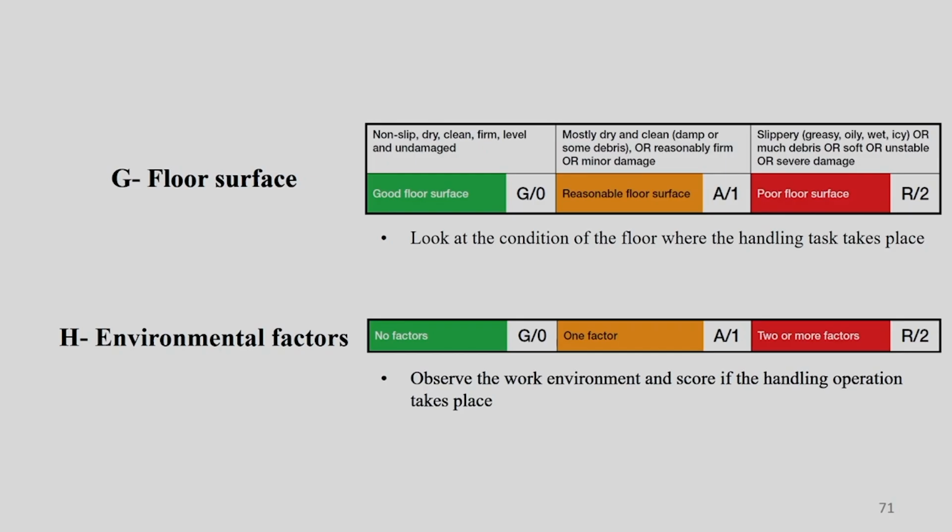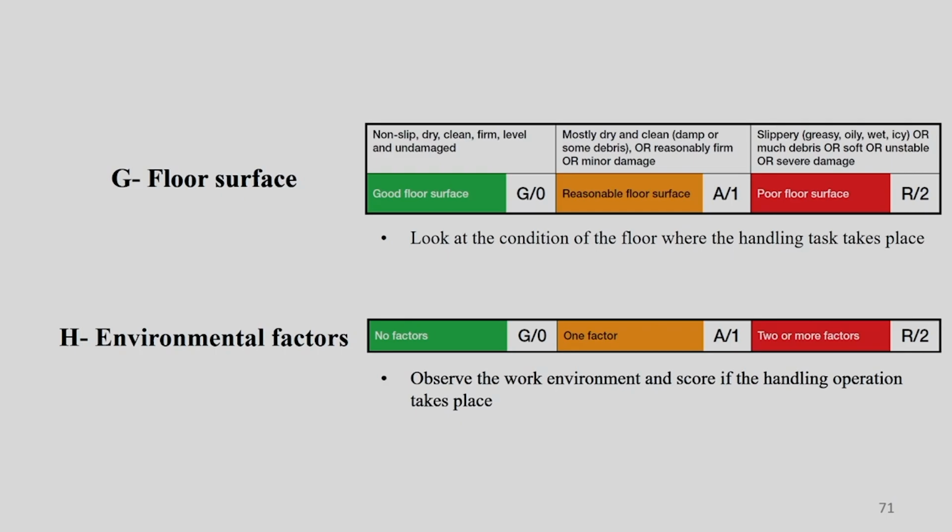Suppose you are in a construction area, a lot of debris is there, and standing on that they are doing some kind of load handling. Of course if there is an imbalance you will fall with that load, right? For such cases it's a poor floor surface and you will get a value of 2 and the color is red.